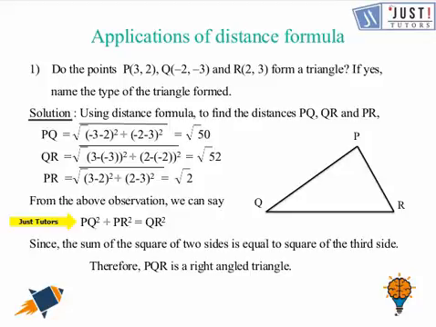That is our Pythagoras theorem if we observe it. So what we see here is that it is not just a triangle, but a right-angled triangle. And also we need to know that the sum of the squares of two sides is equal to the square of the third side. This is the statement of the Pythagoras theorem, and it is true over here. So it is a right-angled triangle.